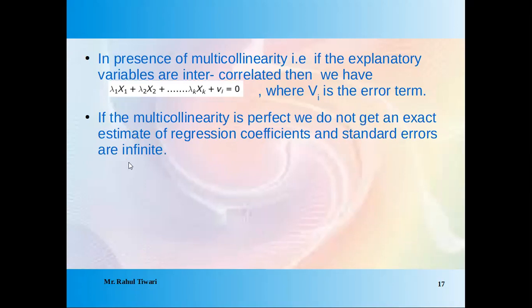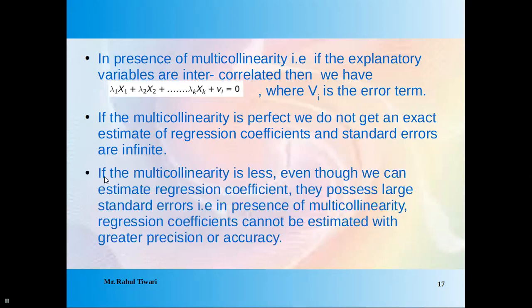If multicollinearity is perfect, we do not get an exact estimate of the regression coefficients, and the standard error is infinite. So beta naught, beta 1 may not be obtainable, and the variance becomes infinite.